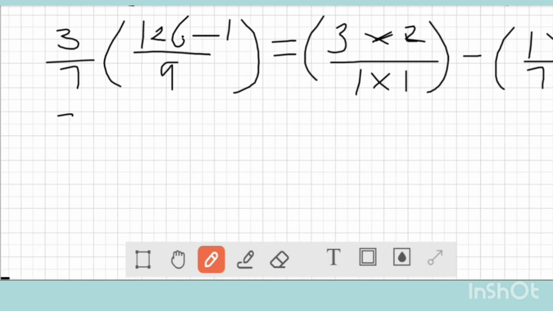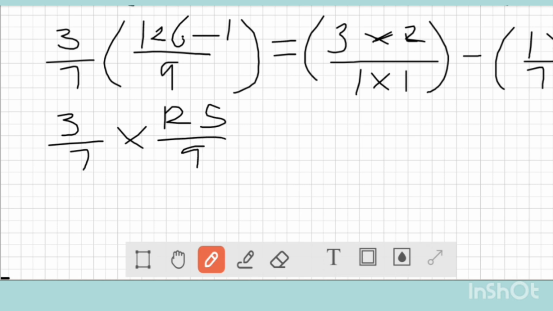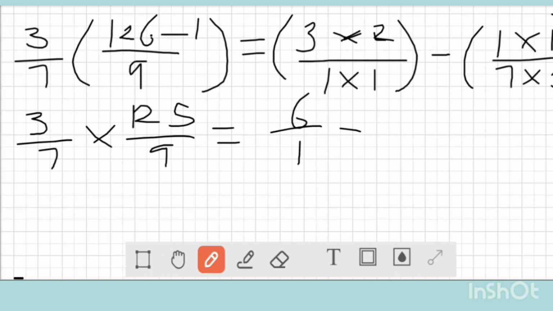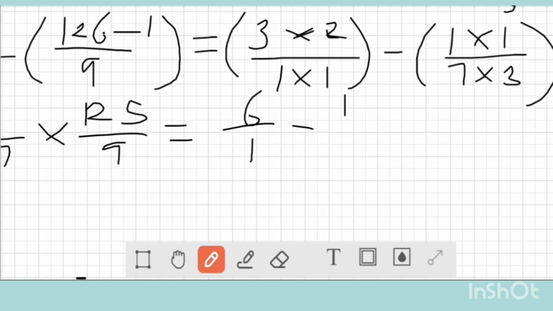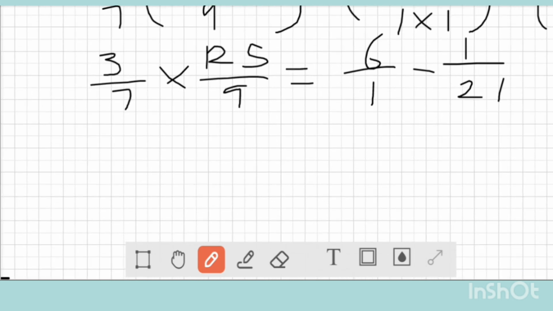So here is 3 over 7 multiplied by 126 minus 1 is 125 over 9, and here is now 3 times 2 is 6 over 1 minus 1 times 1 is 1, 7 times 3 is 21. So it's actually getting easier to simplify.